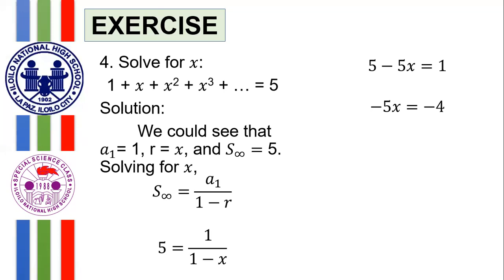Subtracting both sides by 5, you get negative 5x equals negative 4. To solve for x, we divide both sides by negative 5. So x equals negative 4 divided by negative 5. Negative over negative is positive. So x is 4/5. The value of your x here, or your common ratio, is 4/5.